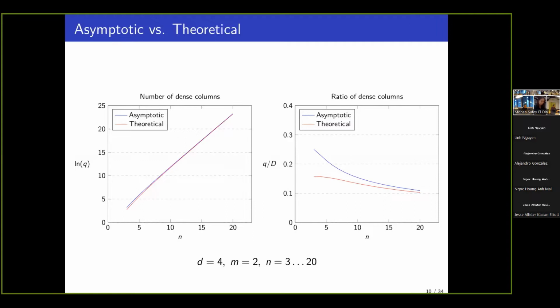We also can see that in practice, our asymptotic bound closely matches the theoretical number of dense columns. As you can see on the left, it's almost identical. And our approximation of the matrix density is also very close as you increase the number of variables.